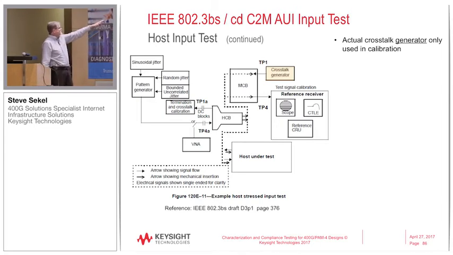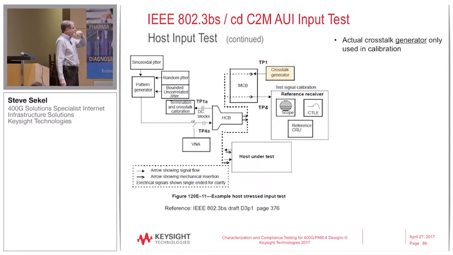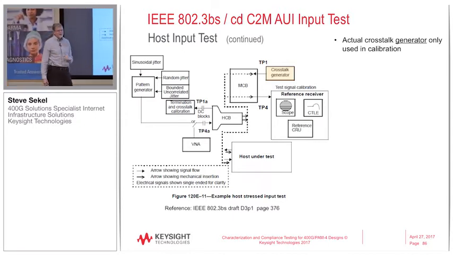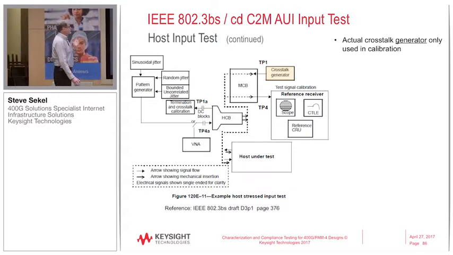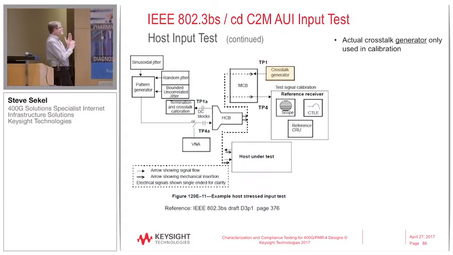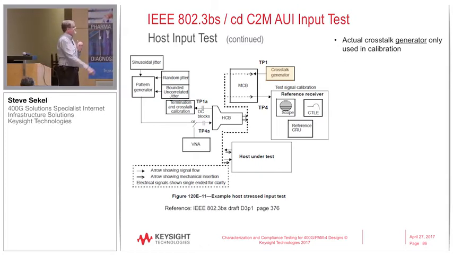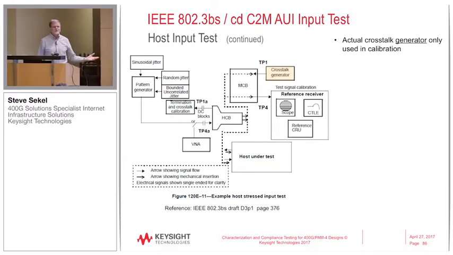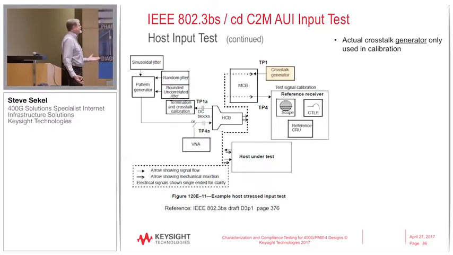Because you see that crosstalk generator is plugging into the module compliance board, which is plugging into the host compliance board, and then we have termination and calibration right there. And when I actually do the test, because I'm testing a host, I'm going to remove that module compliance board up there. I'm going to actually remove that board, and the crosstalk generator is going to disappear when I do that, right? So why is it there?